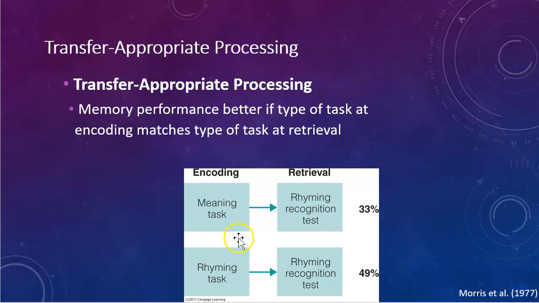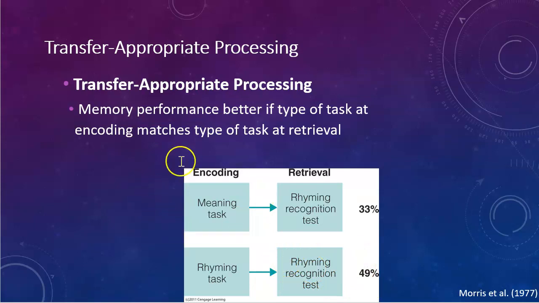So if during encoding you're doing a meaning task, but retrieval is a rhyming recognition task, you're not going to do as well as when at encoding you do a rhyming task, and then retrieval is a rhyming recognition task. An example is if you create a fun rhyming task, then that will really help you if you know that your test is going to be on rhyming.